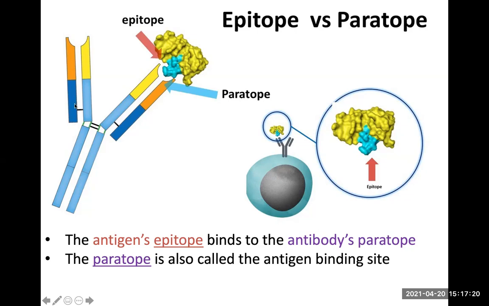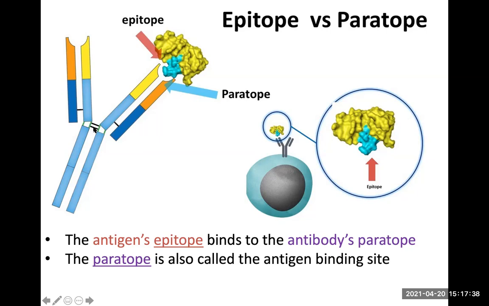So all antibodies will have the exact same blue regions. Part will be in the short chain and part will be in the heavy or long chain. Notice that they're bound together through very strong covalent bonds.